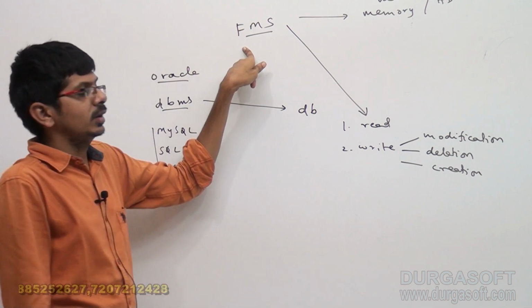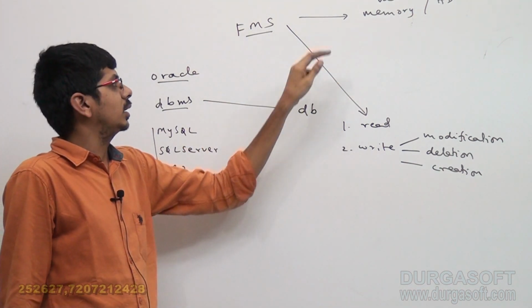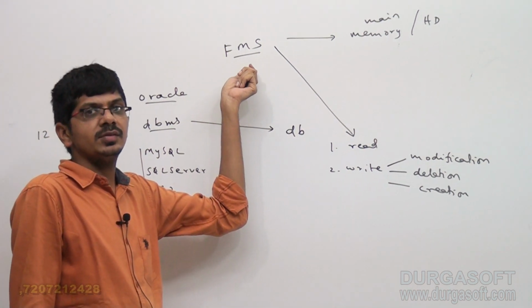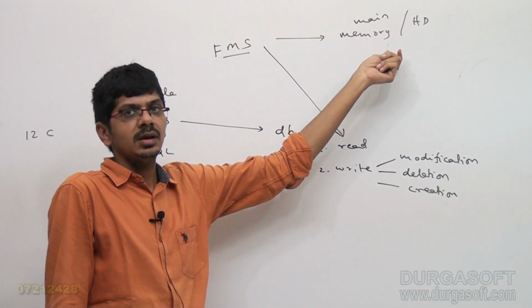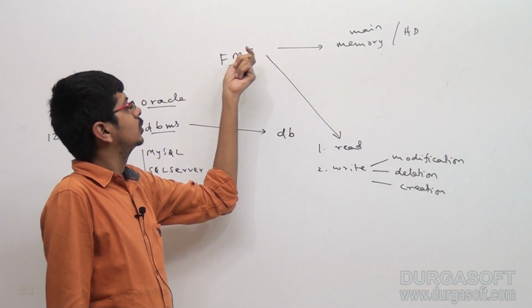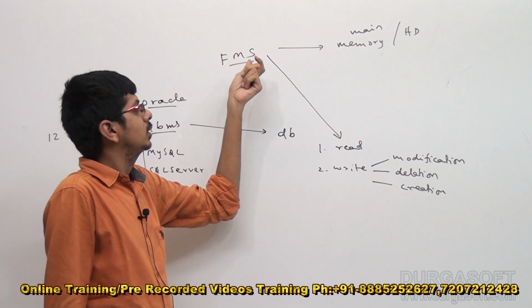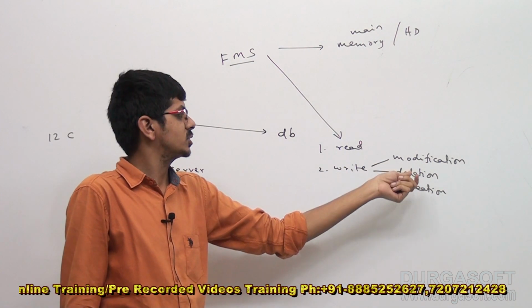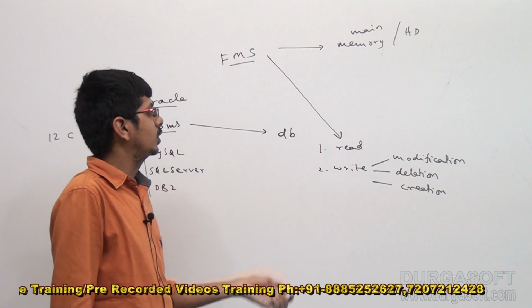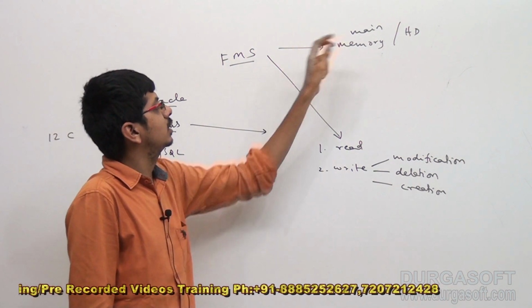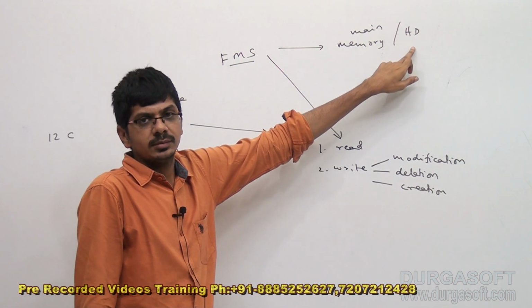Okay, so when we are reading some data, the file management system is a software which is going to access the hard disk, and the hard disk is going to give the data to the file management system. Okay, and whenever you are writing the data, like modification, deletion or creation, those operations are directly done on the hard disk.